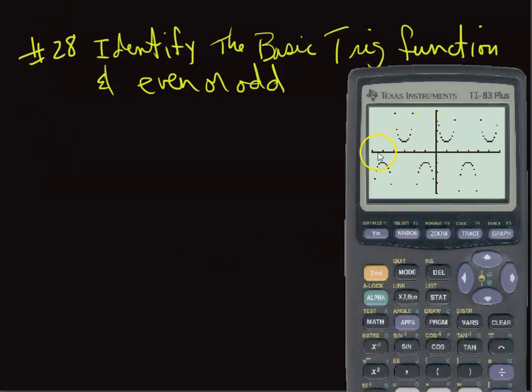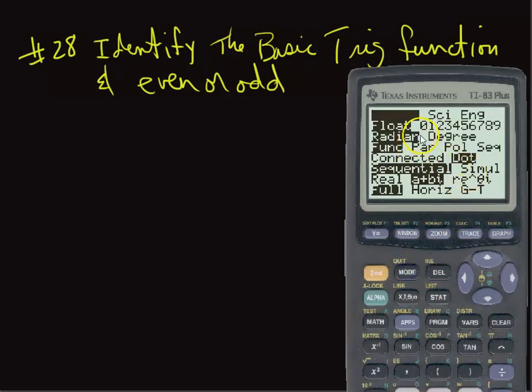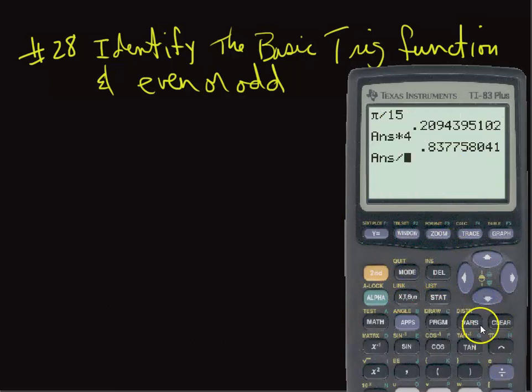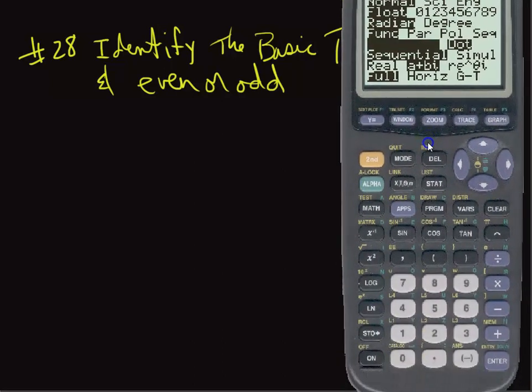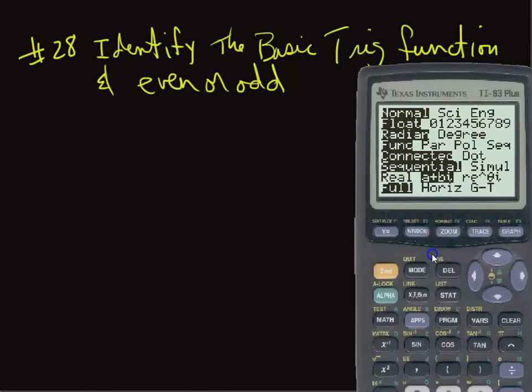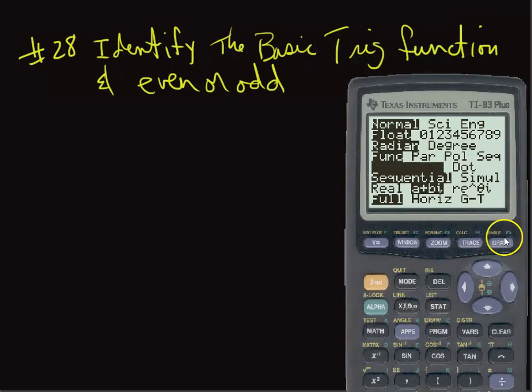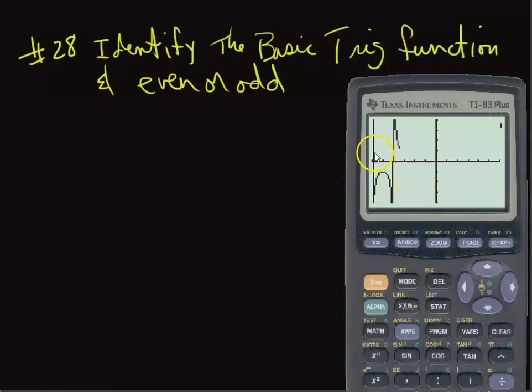Now I've got this in dot mode. Let's make it connected, but remember this is an older calculator, and therefore it's going to try to connect things that it shouldn't. So when we graph this, these vertical lines are not there.